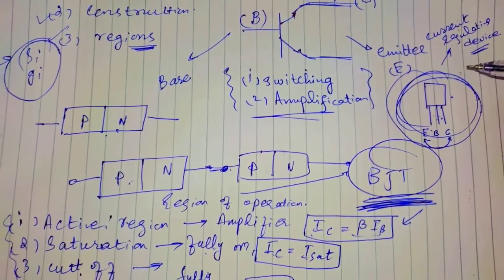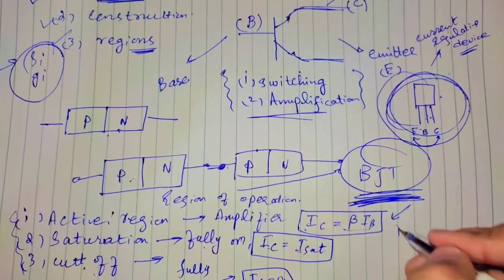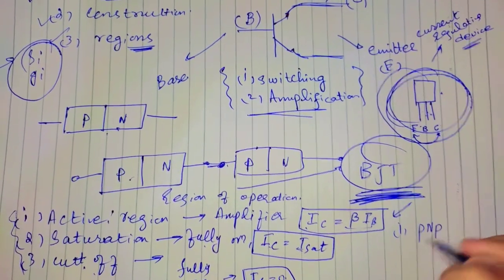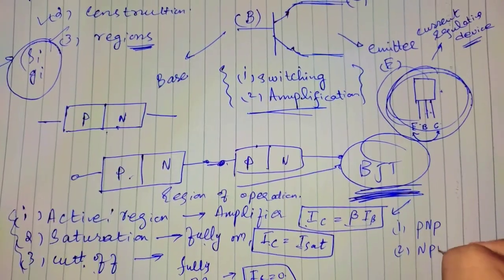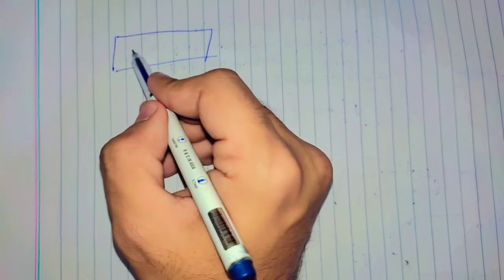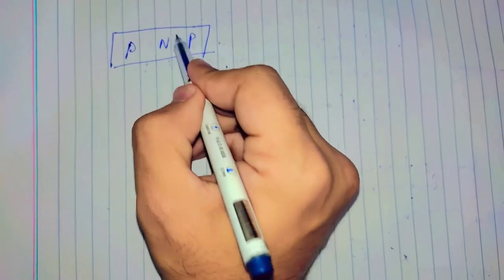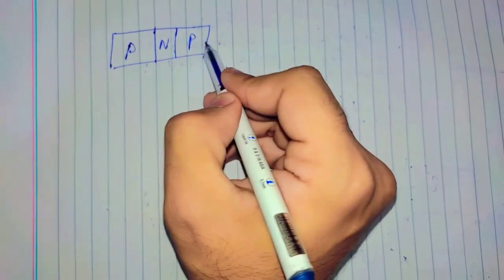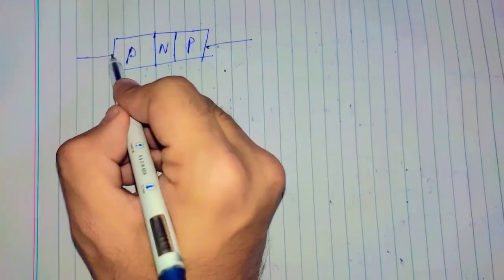Now we have two types of bipolar junction transistor. The first one is PNP and the second one is NPN. So we have two types of bipolar junction transistor construction here.